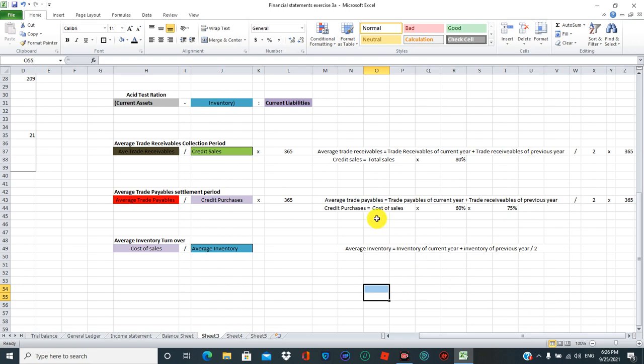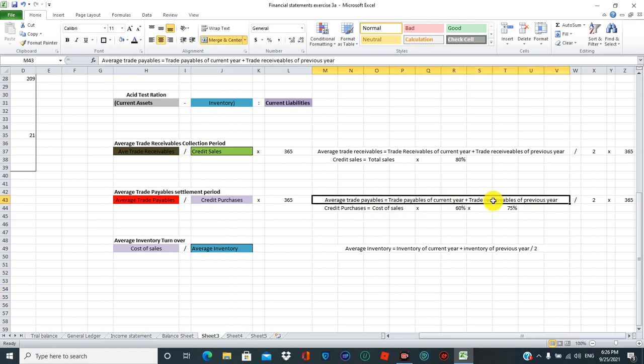So, once again, your average trade payables is your trade payables of the current year plus your trade payables of the previous year, sorry, it should be trade payables, divided by 2 and then obviously the total multiplied by 365.